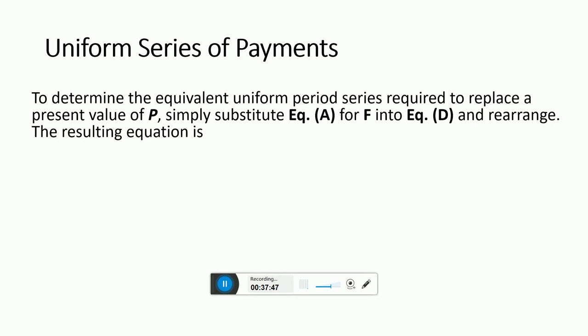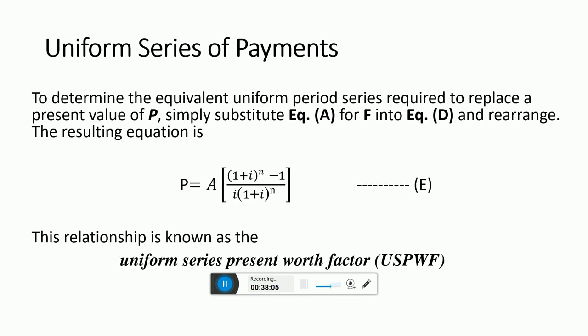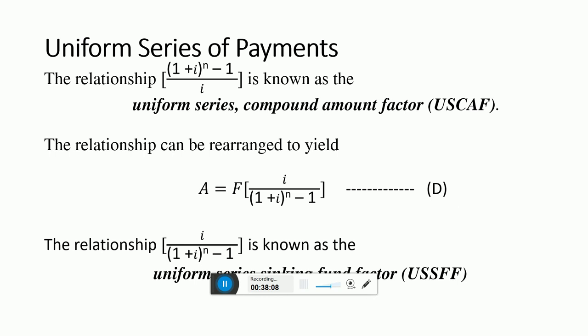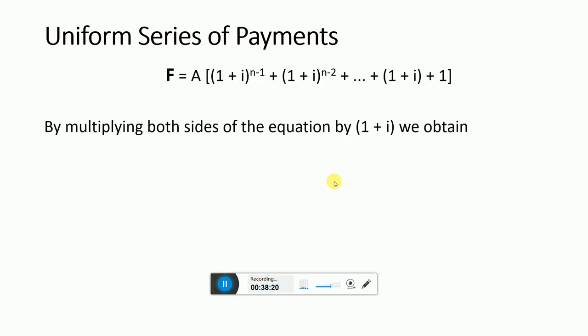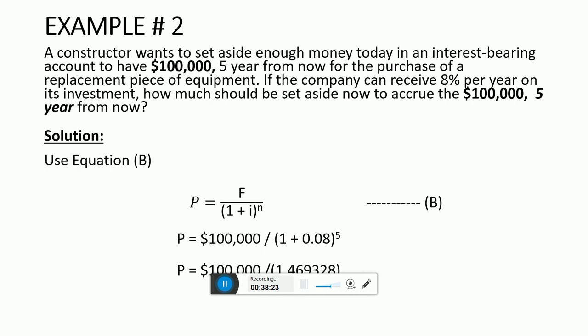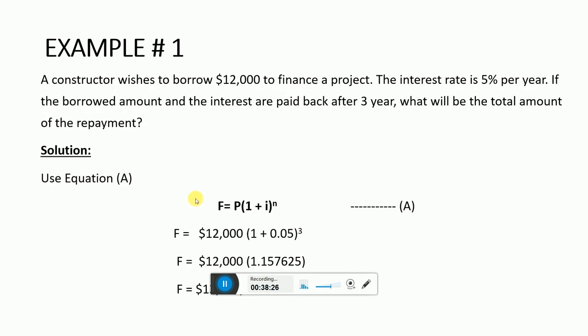In order to determine the equivalent uniform period series required to replace a present value of P, we have to substitute equation A for F into equation D. So let's see what's the equation A and what is the equation D. So this is the equation D. So here we have to put the value of F in terms of P. So we can take it from equation A. So this is equation A, which we have earlier used.